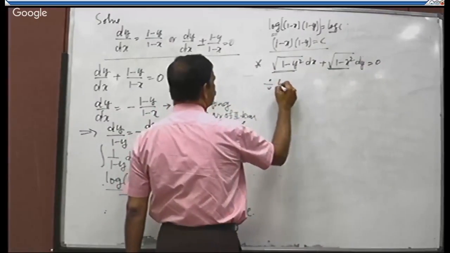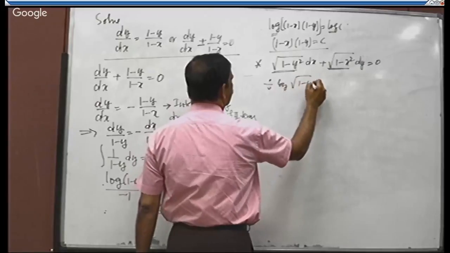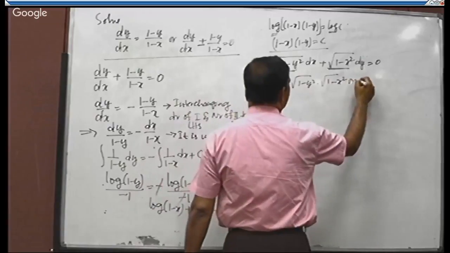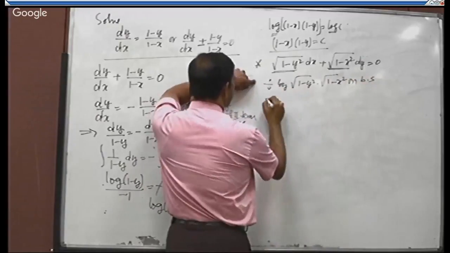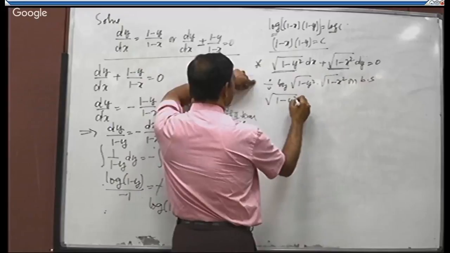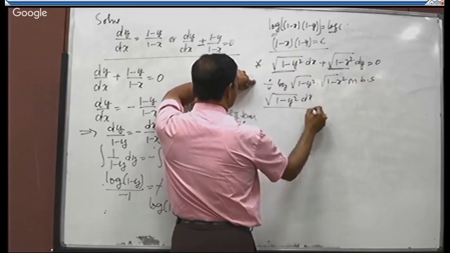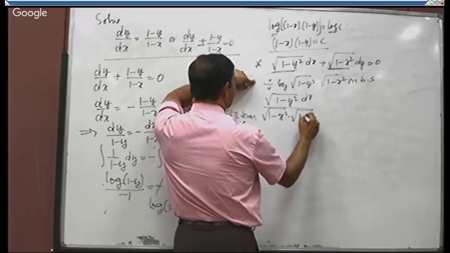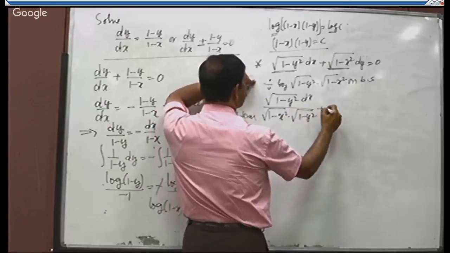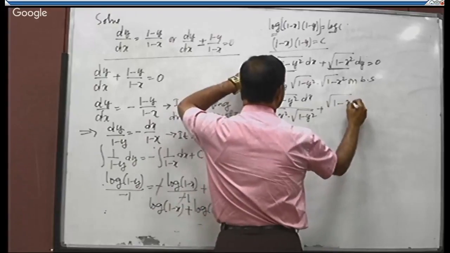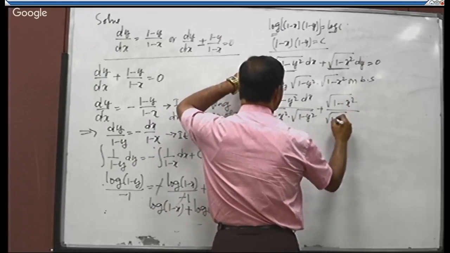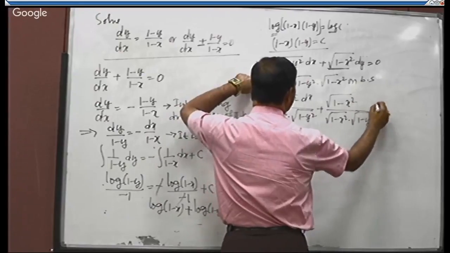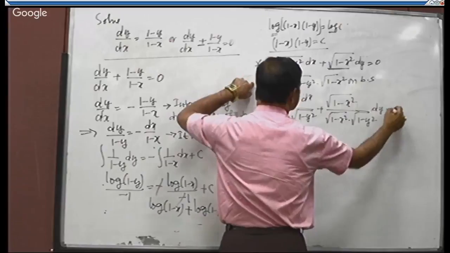Therefore, divide by what? The product of root of (1 - y²) and root of (1 - x²) on both sides. It becomes root of (1 - y²) dx all divided by root of (1 - x²) into root of (1 - y²), plus root of (1 - x²) divided by root of (1 - x²) into root of (1 - y²) into dy is equal to 0.